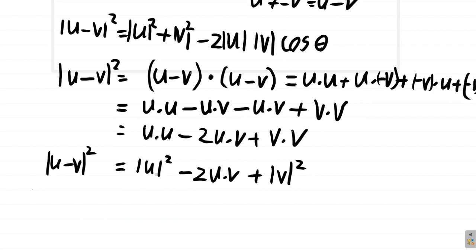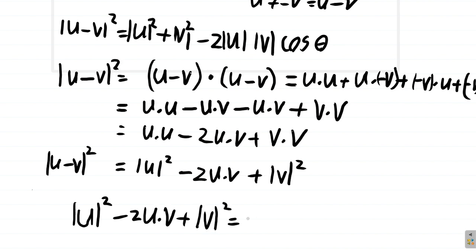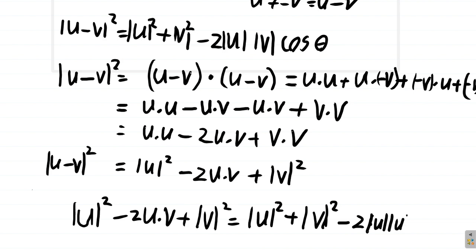Suppose you equate them now. You say magnitude of u squared minus 2 u dot v plus magnitude of v squared is equal to magnitude of u squared plus magnitude of v squared minus 2 magnitude of u magnitude of v cos theta.